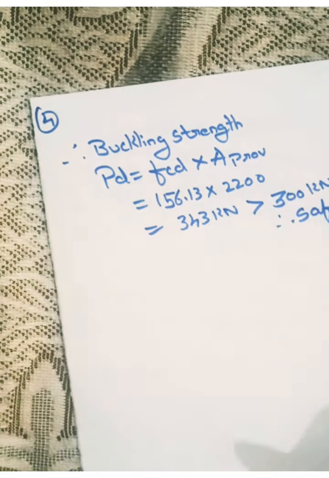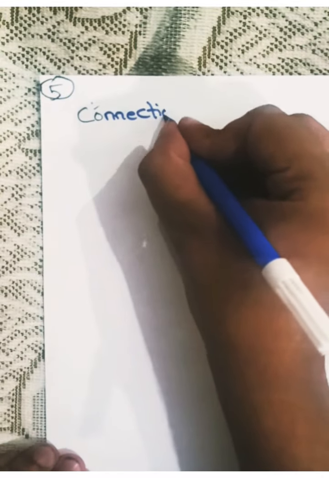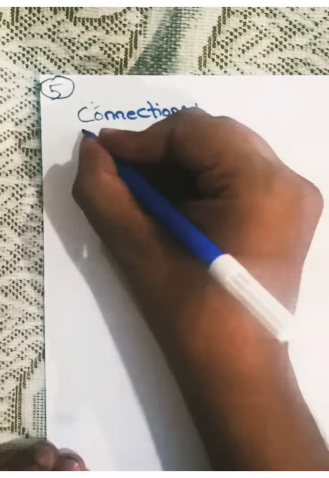So let us now provide the connection as well. Here let us provide a bolted connection. You all are very familiar with this, but I will assume that you still need a gentle reminder of this one, that is the bolted connection.